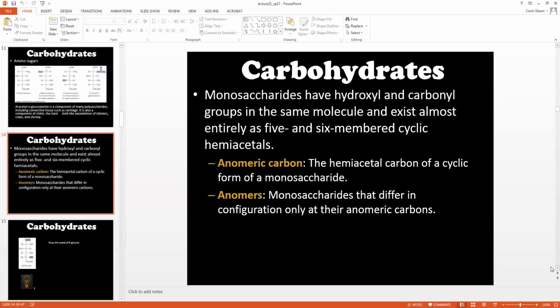And we've also studied specifically the carbon of the hemiacetals and the acetals. Now in this case, that carbon becomes very important because the anomeric carbon is the hemiacetal carbon of a cyclic form of a monosaccharide. So anomers then are monosaccharides that differ in configuration only at their anomeric carbon.